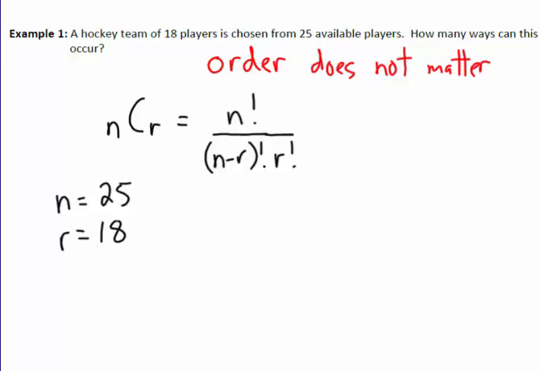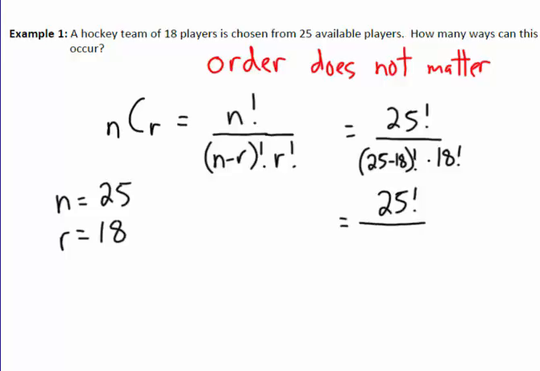So we just put that into the equation, and we would get 25 factorial over 25 minus 18 factorial times 18 factorial, which is really just 25 factorial over 7 factorial times 18 factorial. So if we fire that in the calculator, you get 480,700 different ways that this can occur. A number of ways that are possible.